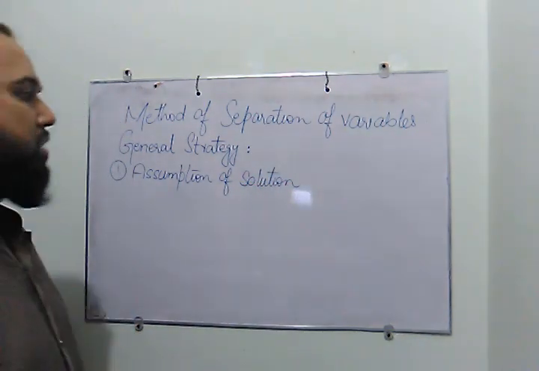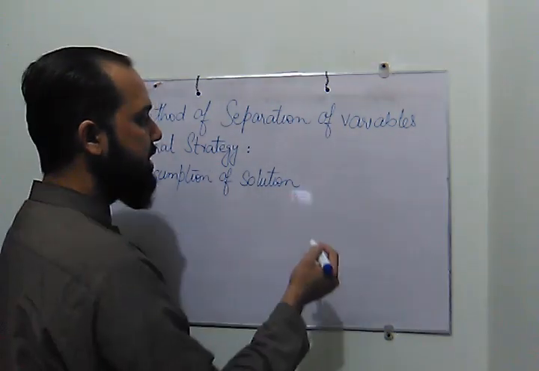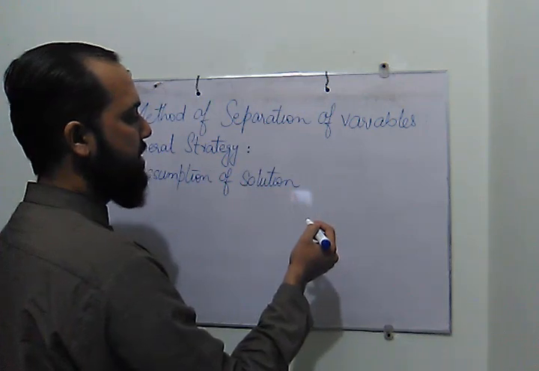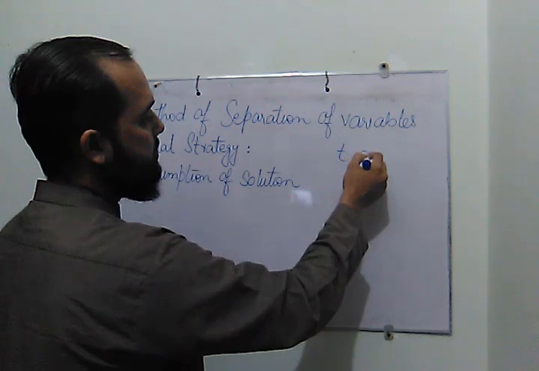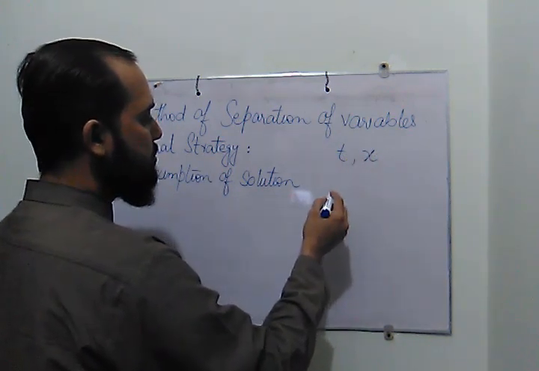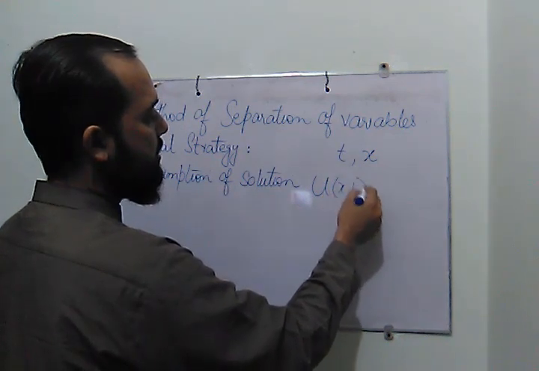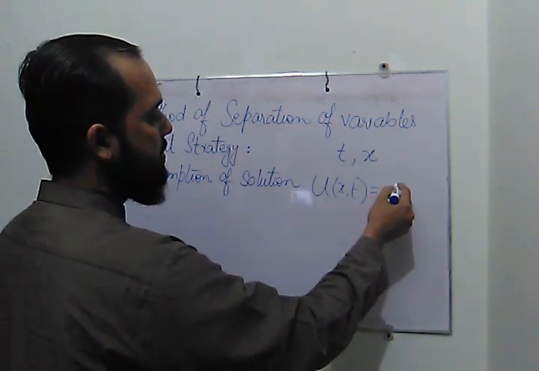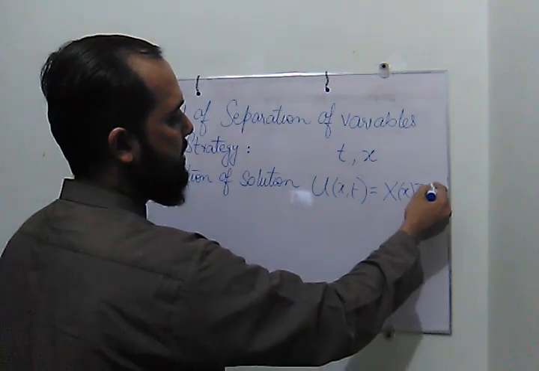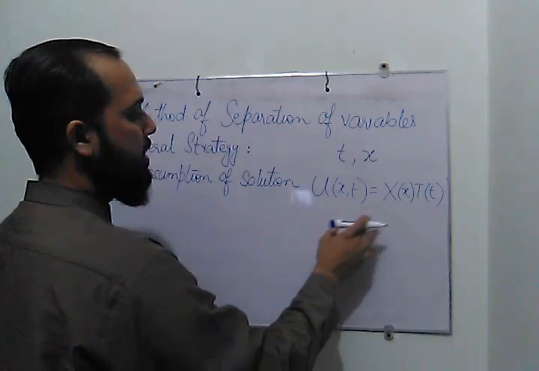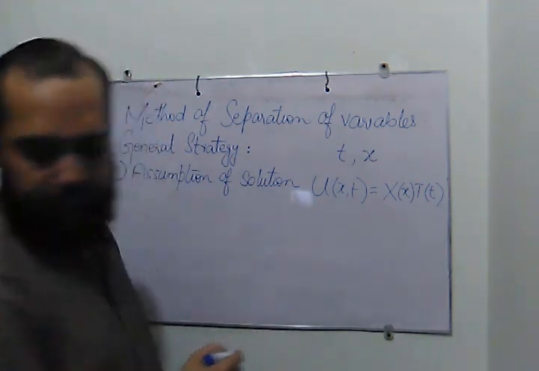Here we assume that our solution, for example, if we are going to solve the heat equation which has two independent variables t and x, we assume that our solution is a product of two functions of the independent variables x and t. This is our assumption of solution.